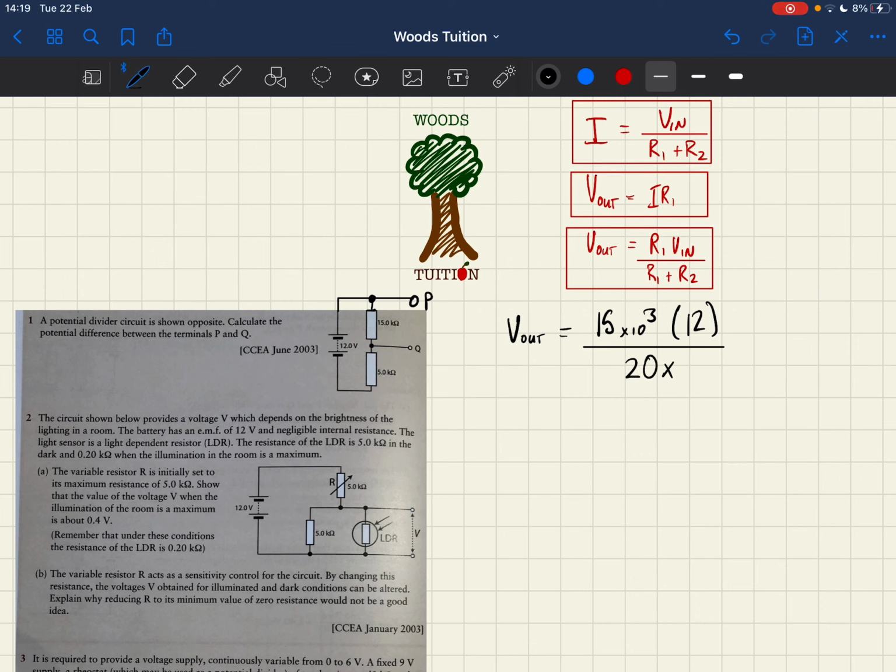So that's going to be over 20 kilo ohms. So 15 times 10 to the 3 over 20 times 10 to the 3 is 3 over 4. Multiplied by 12 is going to give us a final answer of 9 volts for the first question.